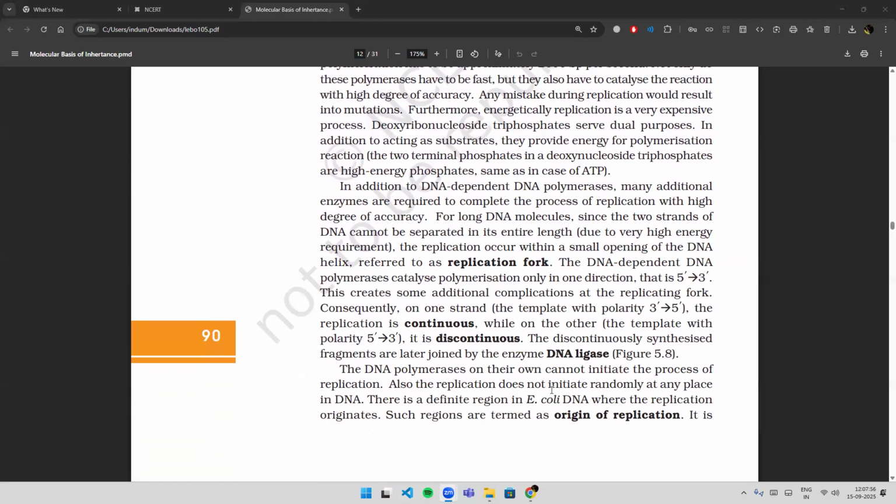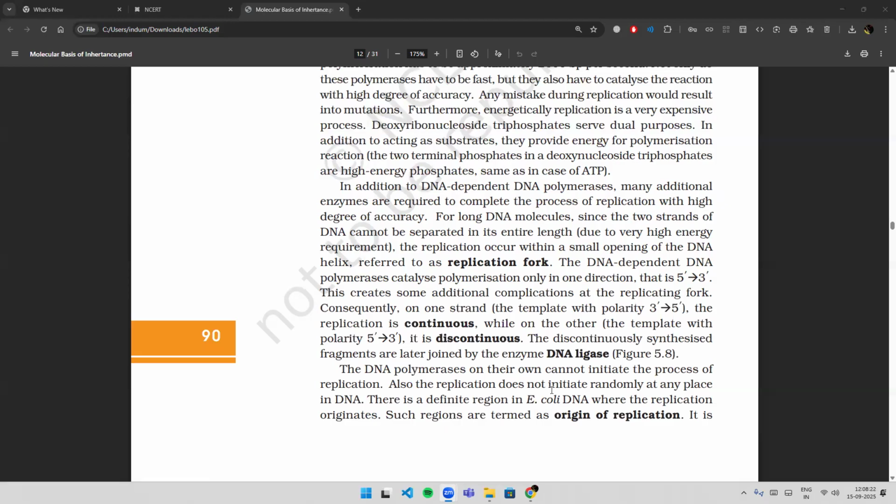For long DNA molecules, since the two strands of DNA cannot be separated in their entire length due to very high energy requirement, the replication occurs within a small opening of the DNA helix, referred to as the replication fork. The DNA-dependent DNA polymerases catalyze polymerization only in one direction, that is 5' to 3'.